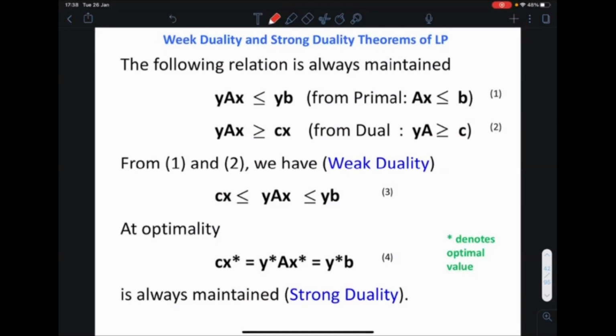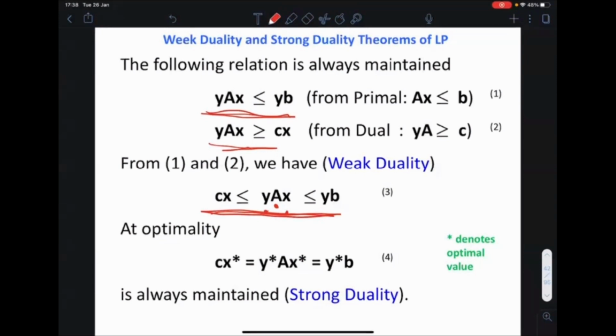Let me try to illustrate these two dualities. From the primal, because AX is always smaller than B, you can have this condition, and you can also have the other condition. By having these two together, you have this matrix A multiplied by Y and X, and the range of that would be bounded by CX and YB: upper bounded by YB and lower bounded by CX.